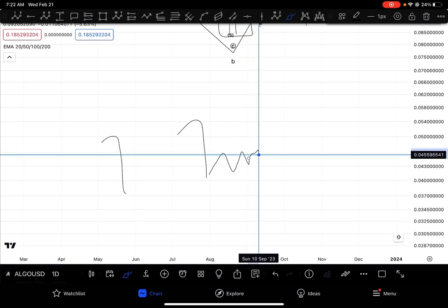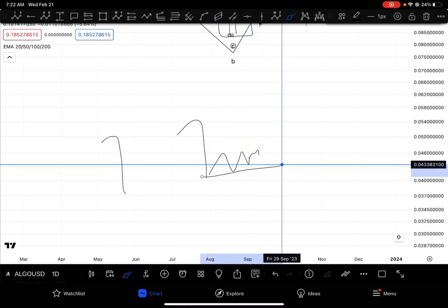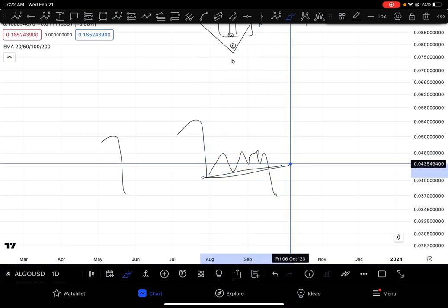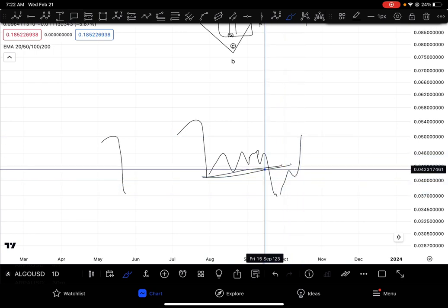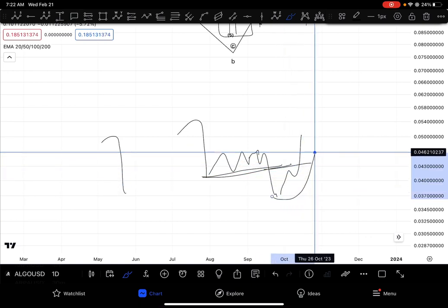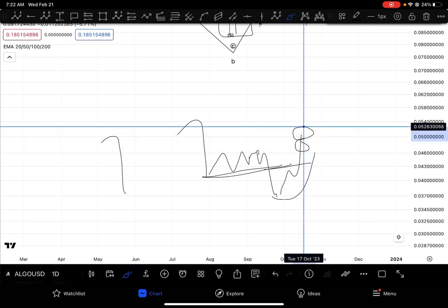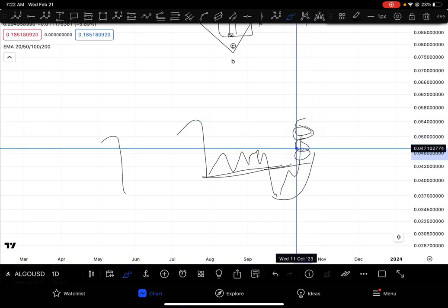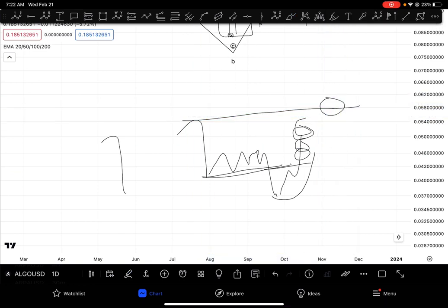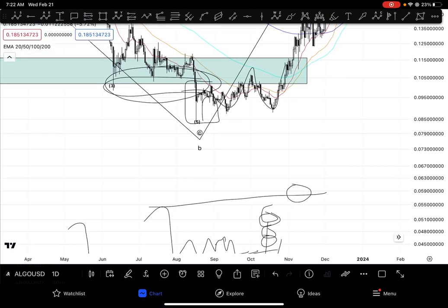And if you notice a range here, if we come down and sweep psychological support and then manage to regain momentum back above it, and you can use indicators and EMAs to assist you in finding that strength, then you can enter. You can take in positions over here, here, and here, right? And target liquidity above these highs. Or even if it's at a macro low, you can just hold that spot position all the way up, okay?